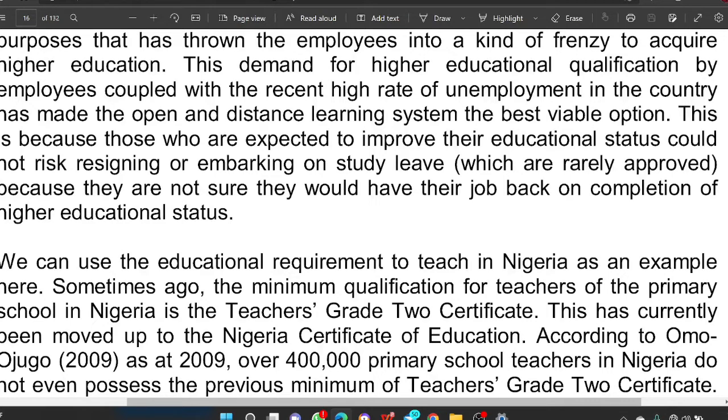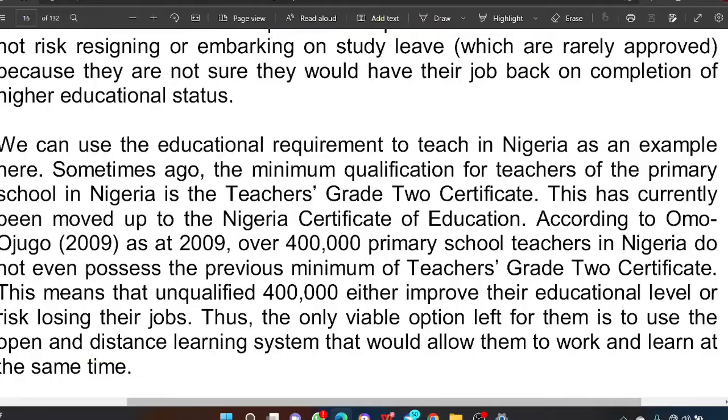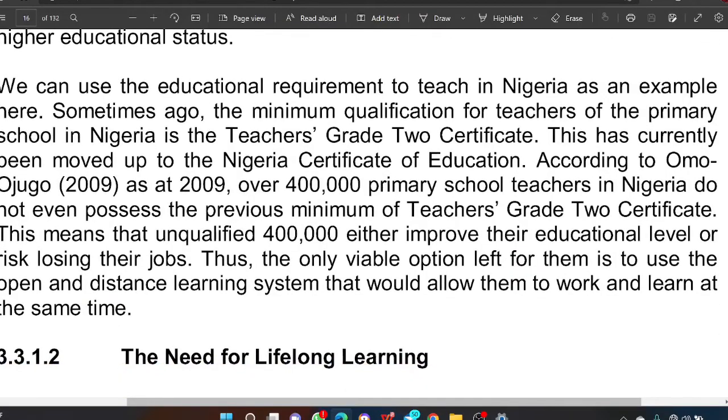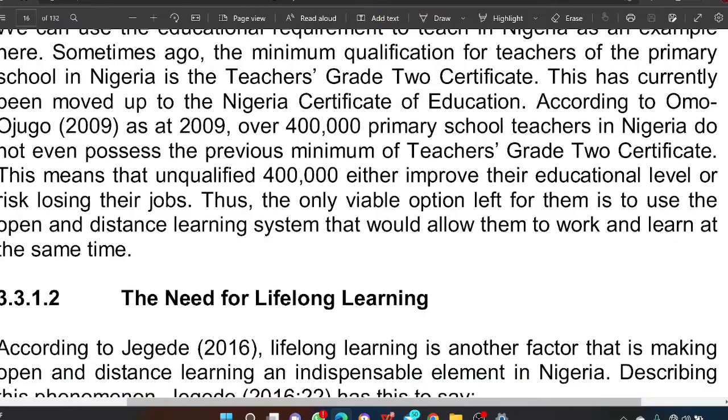On completing higher educational status, we can use the educational requirement to teach in Nigeria as an example here. Some time ago, the minimum qualification for teachers of the primary school in Nigeria was the teacher's grade 2 certificate. This has currently been moved up to the Nigerian Certificate of Education, according to Omo Ojogo 2009.